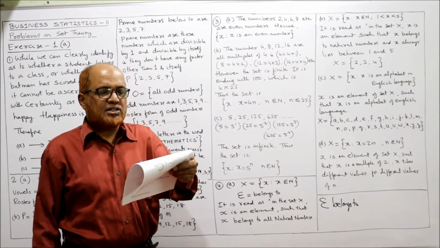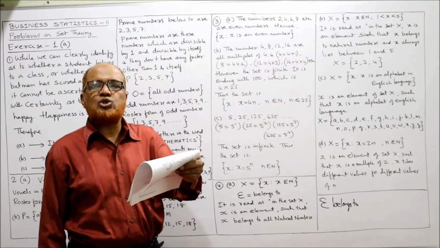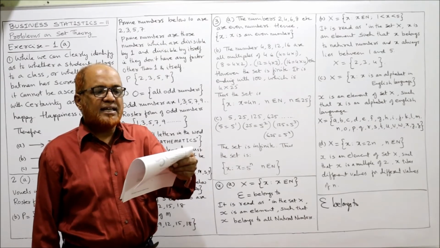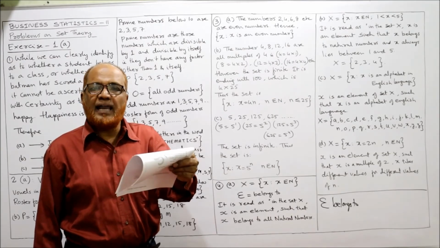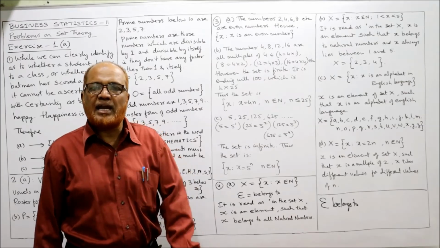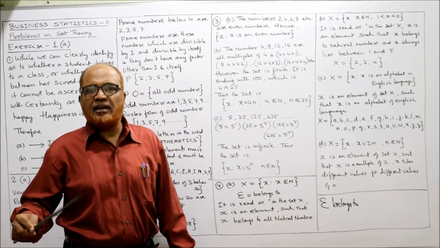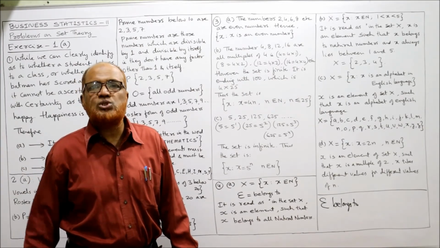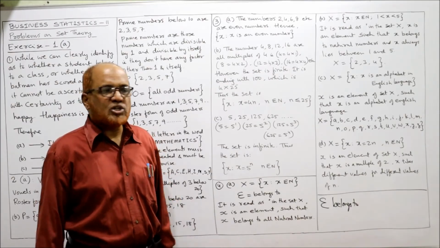Next, C point. The name of the set is capital X. X is equal to small x, an element such that x is an alphabet in English language. What are the alphabets in English language? A, B, C, D, E, F, G, H up to Z. So these are the English alphabets.